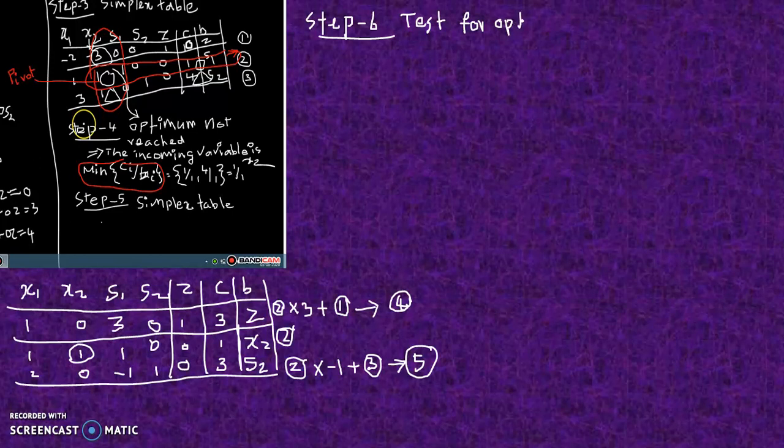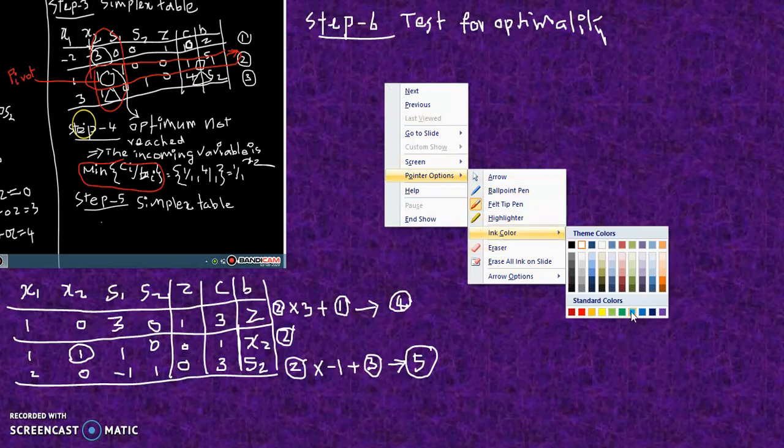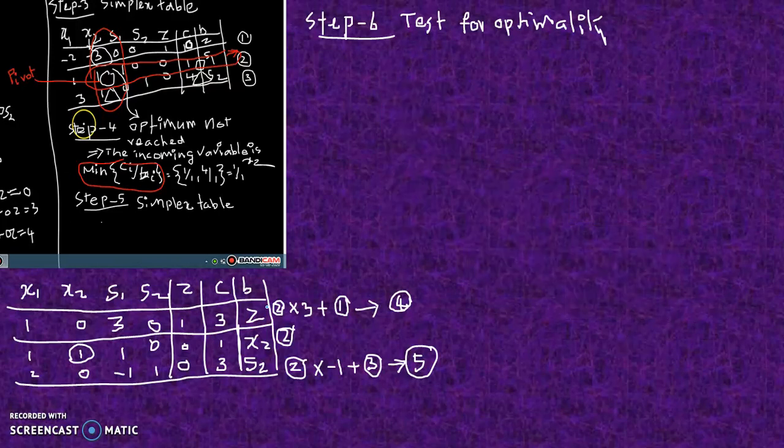Okay, now see here in this particular Z row, our problem is maximization. Am I correct? Our problem is that of maximization. So see this Z row.